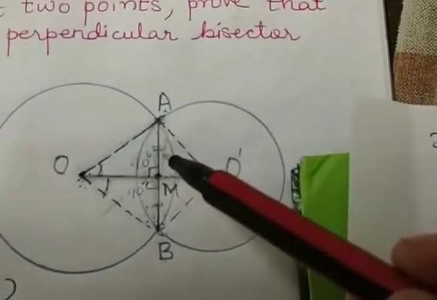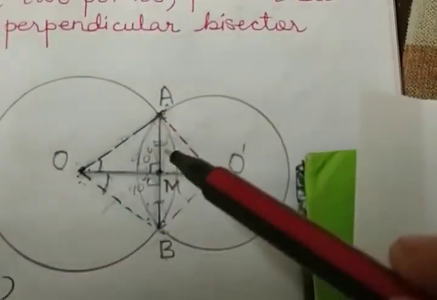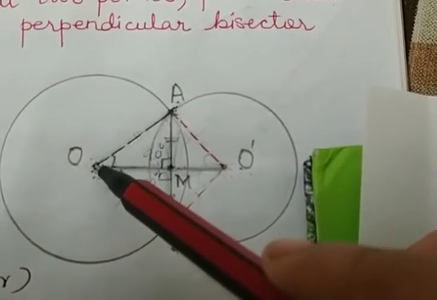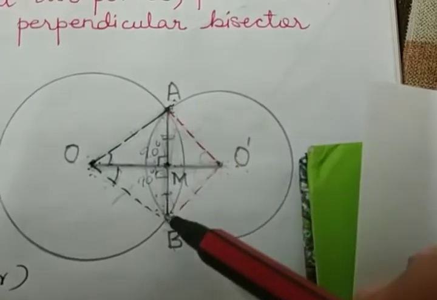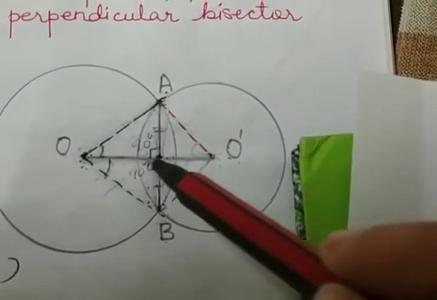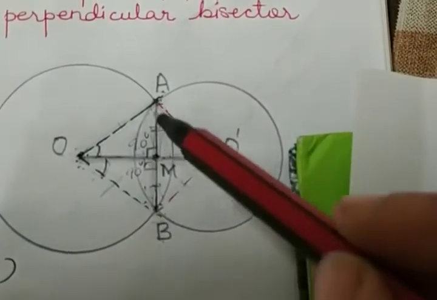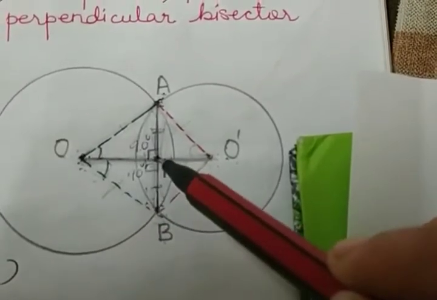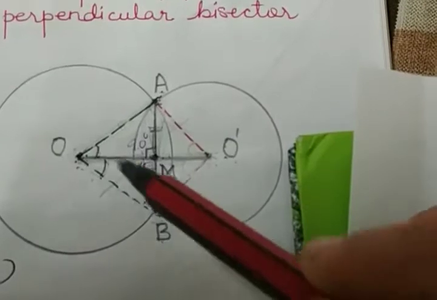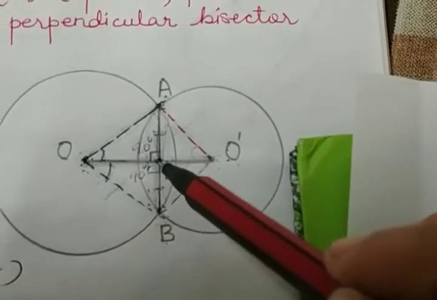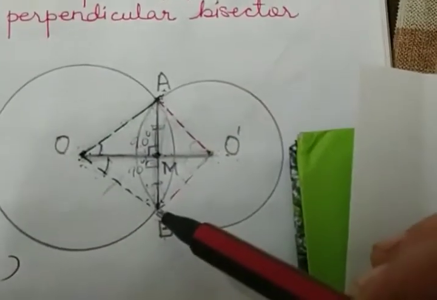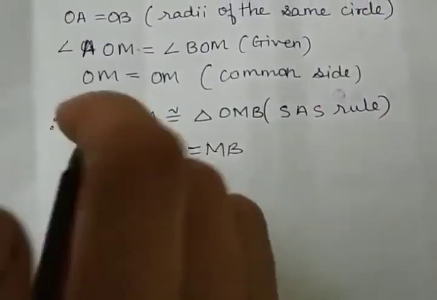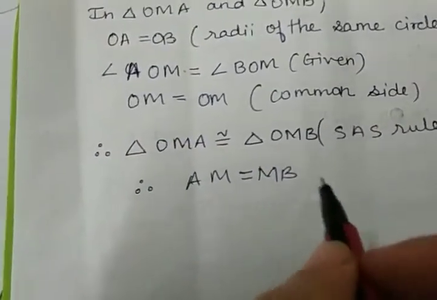Or else you can use the theorem that you have studied, which says if you have a line from the center to the chord such that this line bisects the chord, then this has to be perpendicular to AB. Okay, you can use the theorem. So what theorem will you use here?